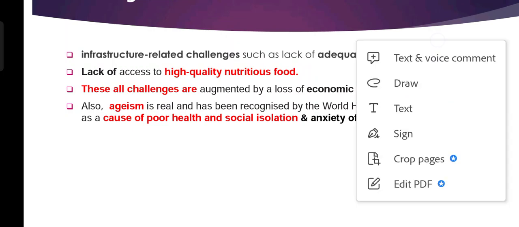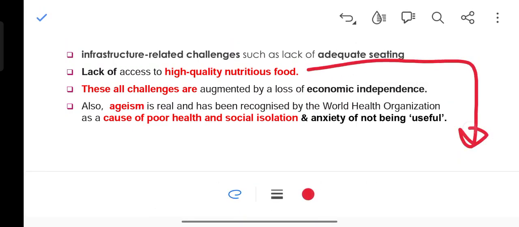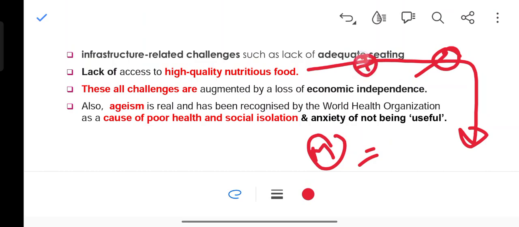You can also understand that the majority of the population is either poor or middle class. So for having better quality nutritious food, there is a need for better income. If there is not better income, then the expenditure on nutrition and medicines gets limited. So all these challenges are augmented by loss of economic independence. Why?